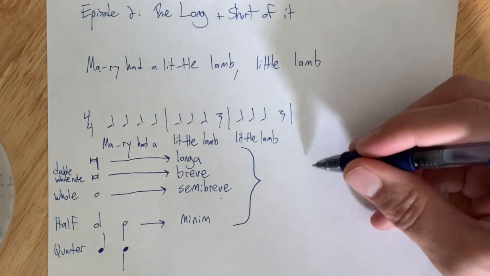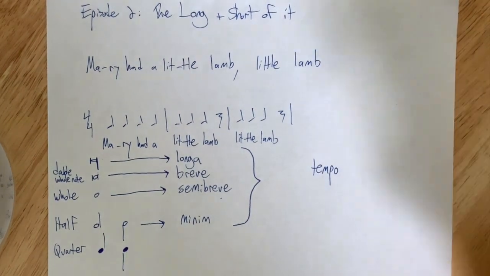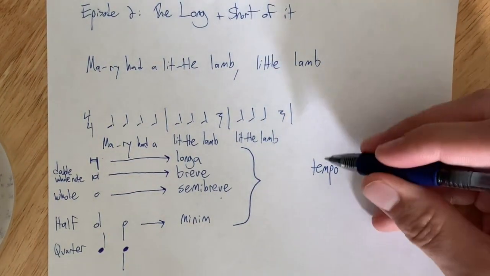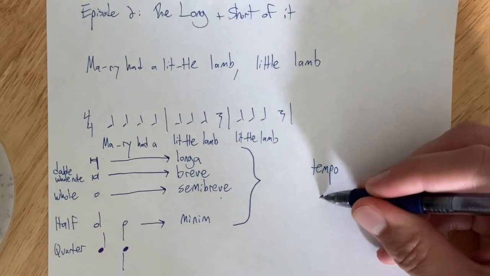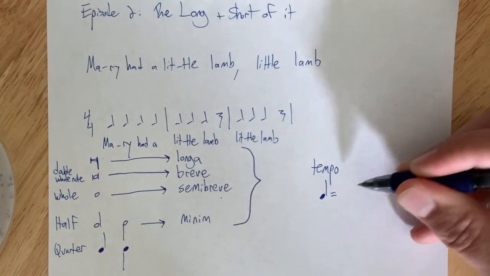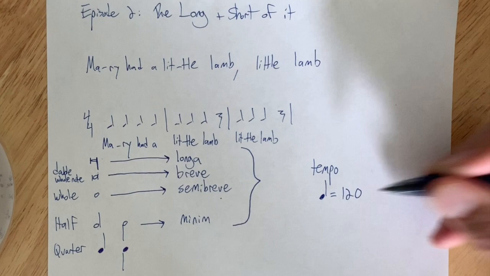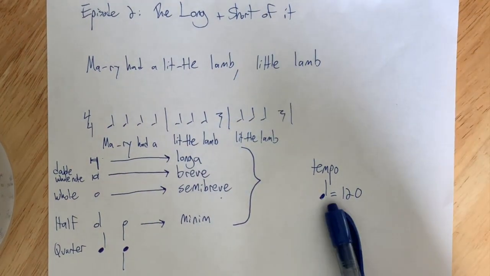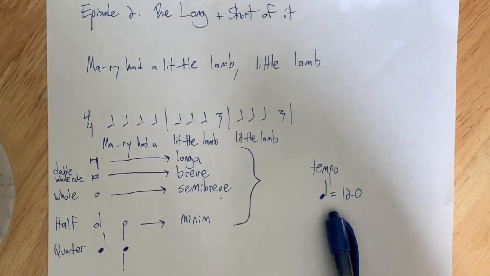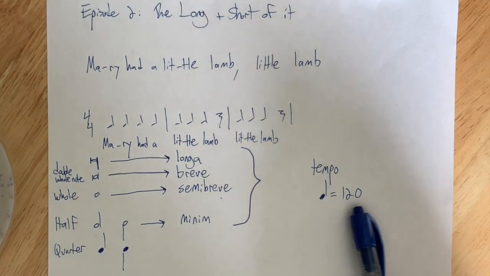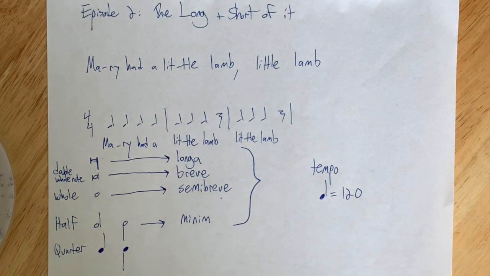The other aspect, the aspect that connects this proportional system of durations to clock time, is what we call tempo. And tempo tends to today be represented by saying a kind of note and how many times it happens a minute. A lot of pop music and a lot of march music is right around quarter note equals 120. That means there's 120 beats a minute.